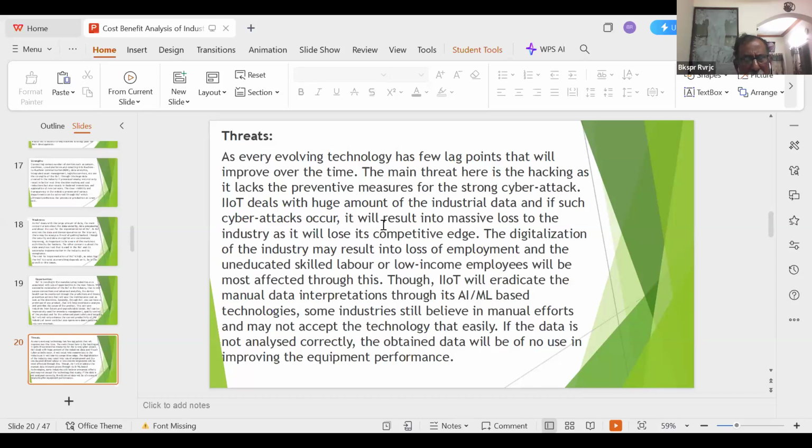Industrial IoT will eradicate the manual data interpretations through its artificial intelligence and machine learning based technologies. Some industries still believe in manual efforts and may not accept the technology that easily. If the data is not analyzed correctly, the obtained data will be of no use in improving the equipment performance.